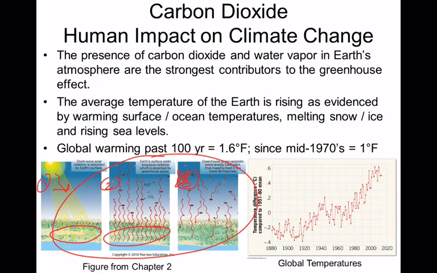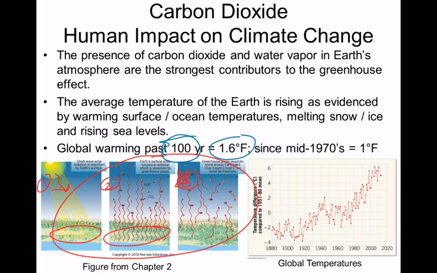Okay, so let's see how this strikes you. Just surface temperatures, we're looking at the last 100 years, the temperatures have gone up 1.6 degrees Fahrenheit, which doesn't seem like much, but it is. And stuff has to melt when temperatures rise.